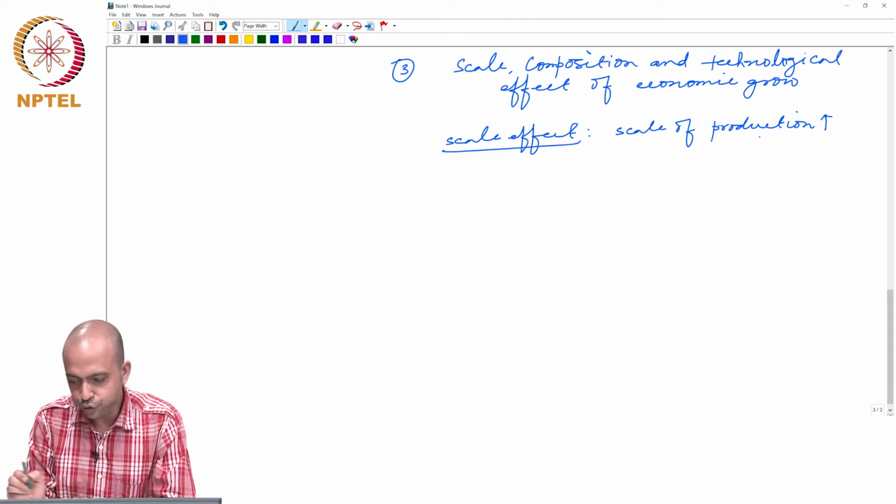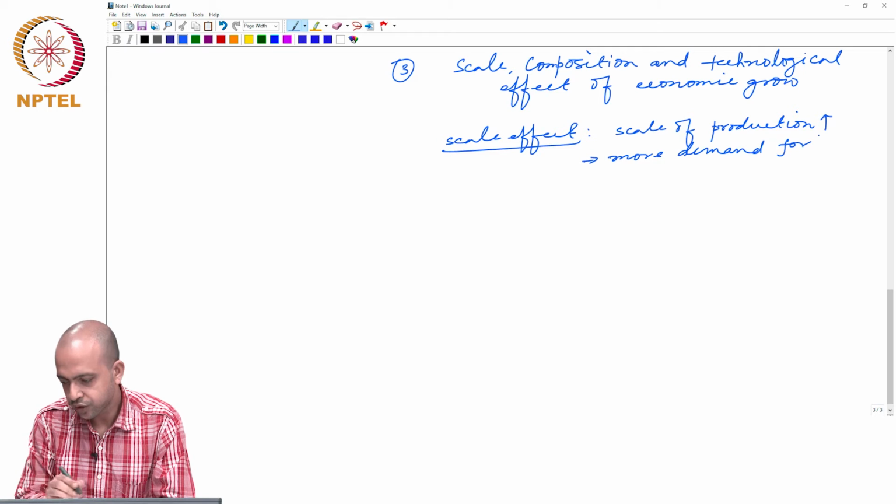When scale of production increases, that leads to more demand for resources, and that again leads to more pollution.